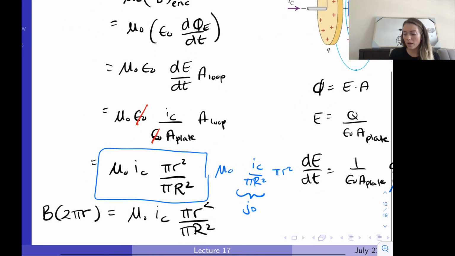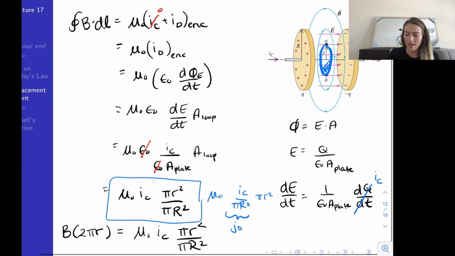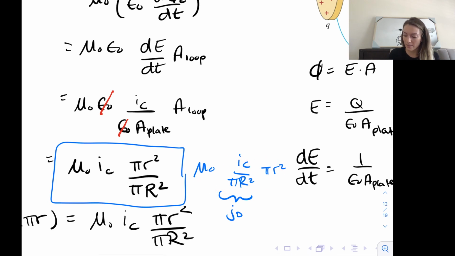Now you can also go back and derive this the long way from the changing electric field, but this is sort of a shortcut because Ampere's law tells us that the magnetic field is just mu naught times the enclosed displacement current, and that's exactly what this looks like, right? It's just mu naught times the enclosed displacement current within our Amperian loop here, and we have a current divided by an area, which is a current density.